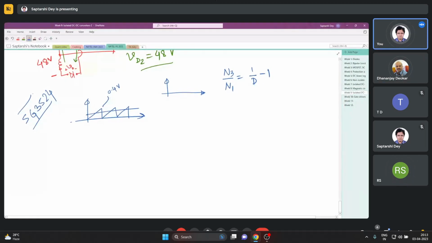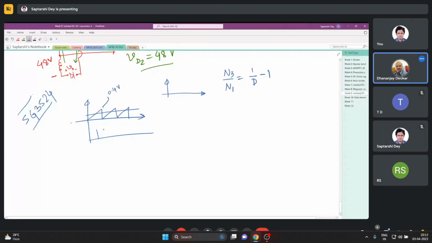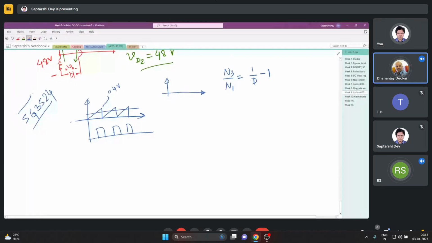This is a common PWM generation method, and this voltage level you can vary from outside using a port, and hence you can vary the duty ratio, and the frequency you can change with an RC network connected outside.